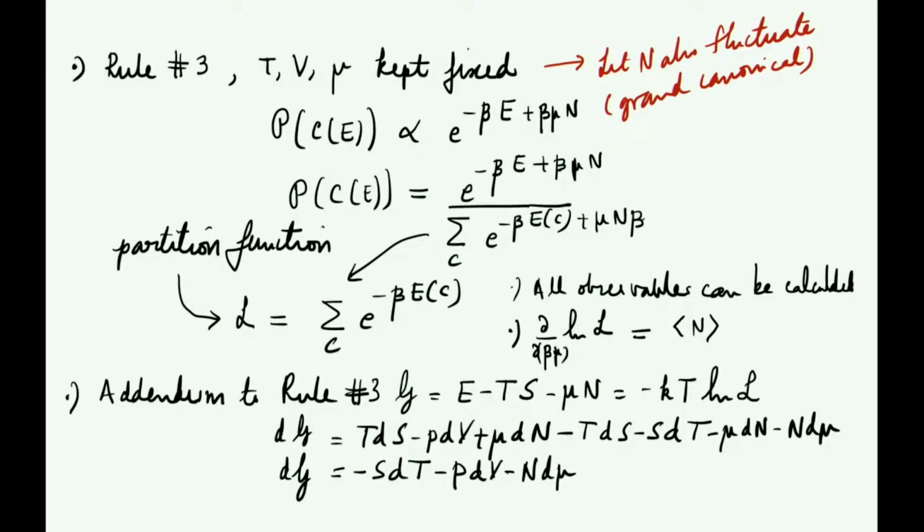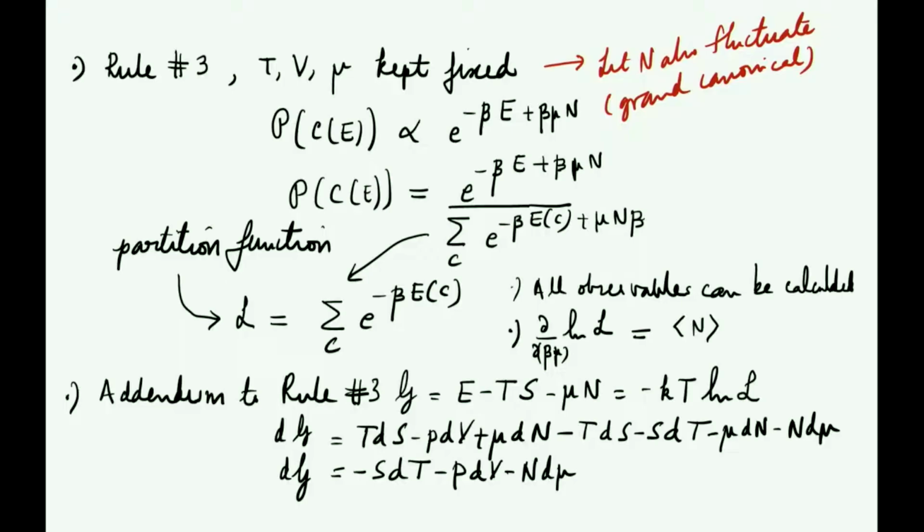So you are fixing T, V and mu. If you do the same argument, your probability of a microstate becomes e to the power minus beta E plus e to the power beta mu n. You can normalize it with a grand canonical partition function, which is the sum over all configurations, that means over all E and all n.